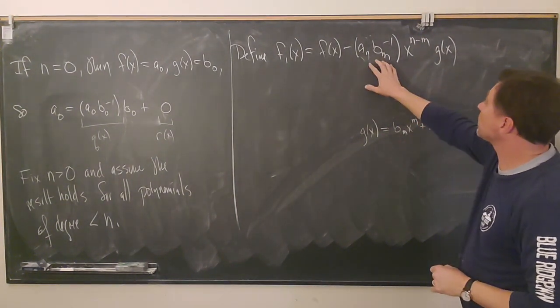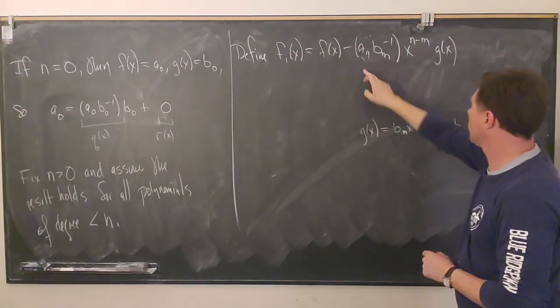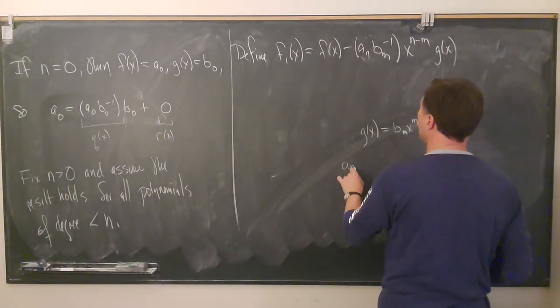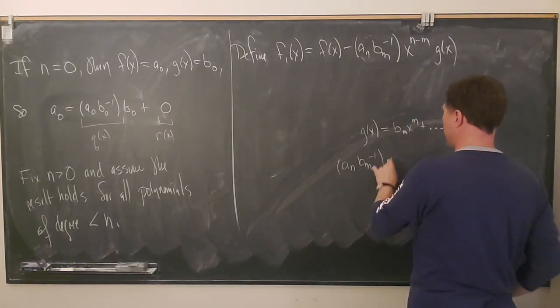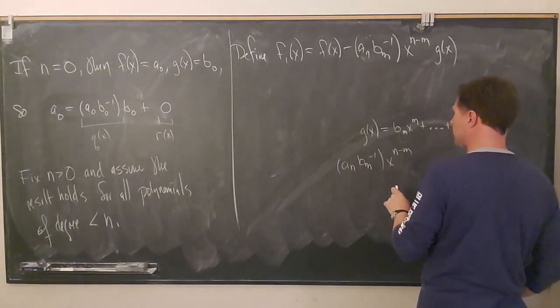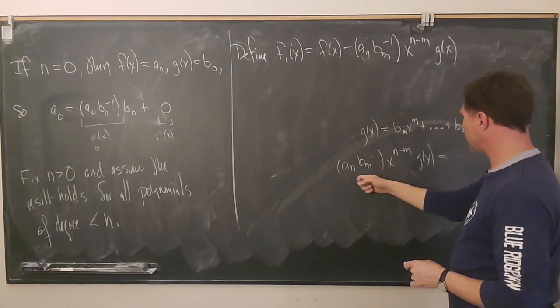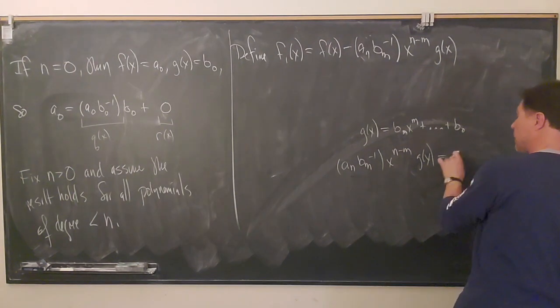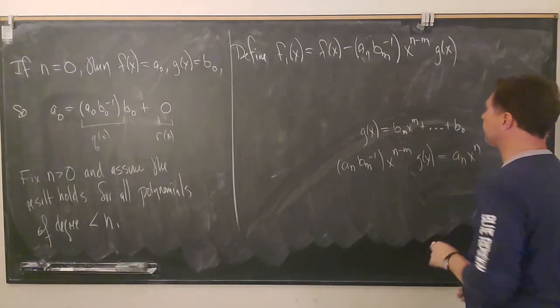So if I multiply by this term right here, what happens? a sub n b sub m inverse times x to the n minus m times g of x is going to be the polynomial whose first coefficient is going to be a sub n x to the n.